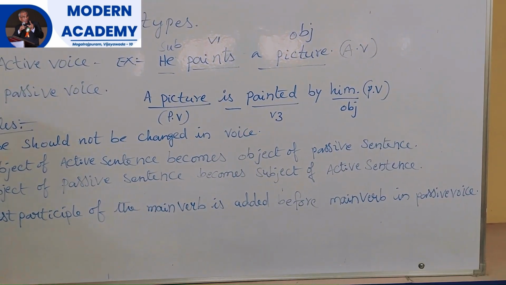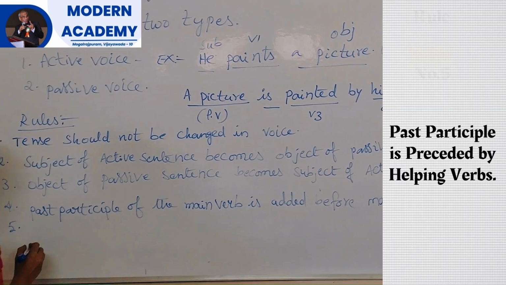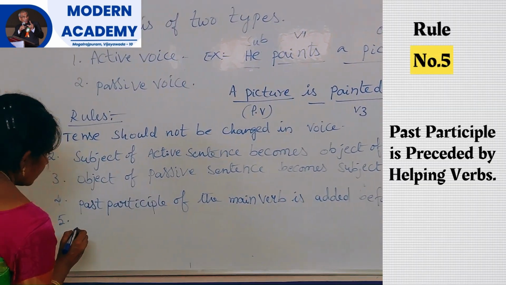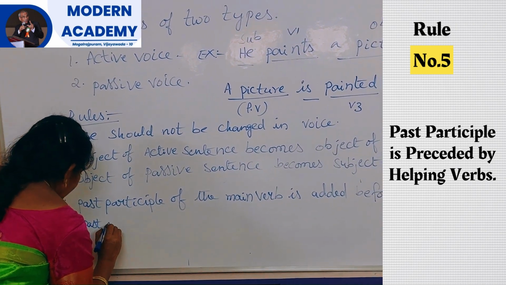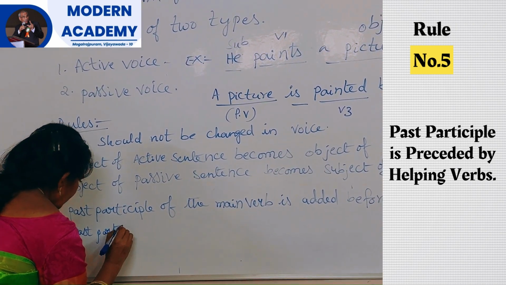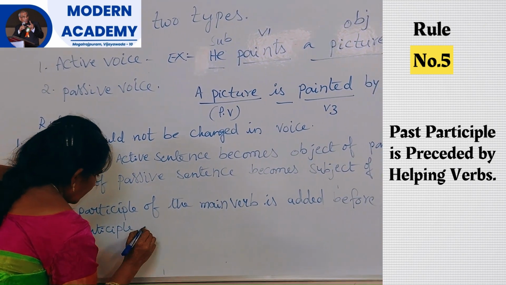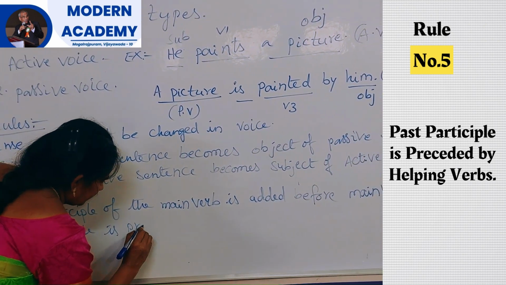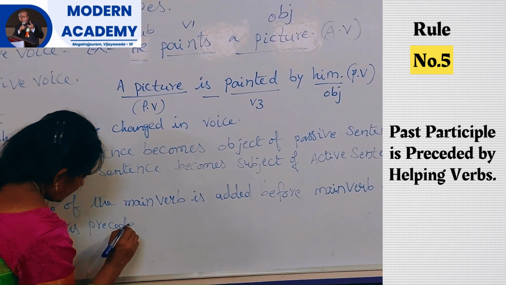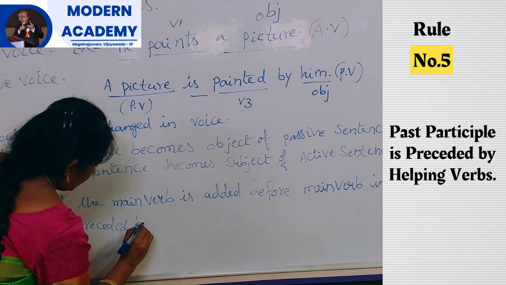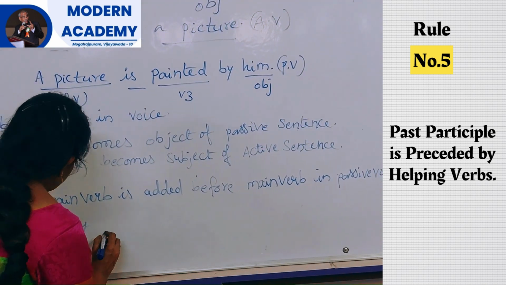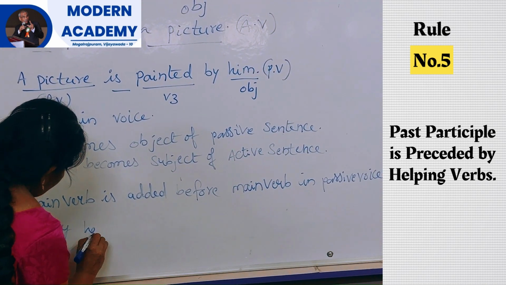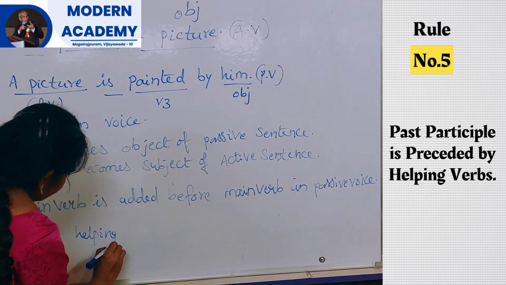Rule number 5: past participle is preceded by helping verbs.